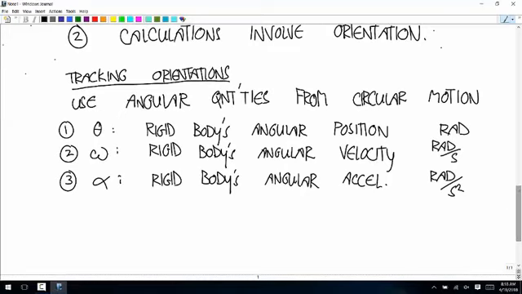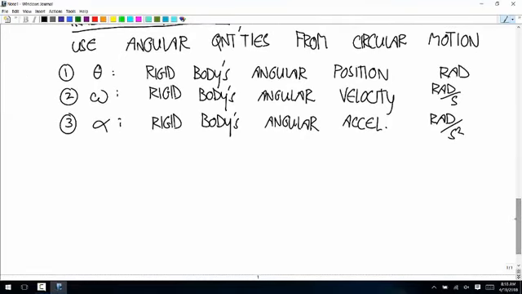And there are two important things to notice about these.